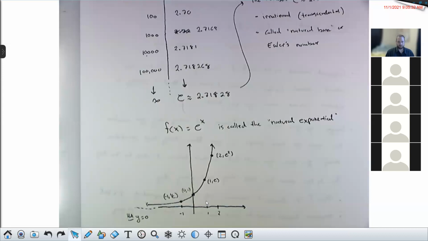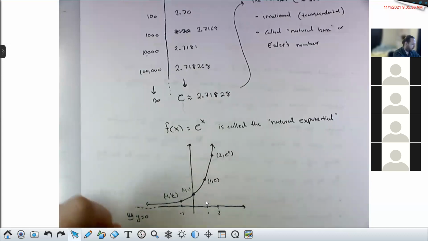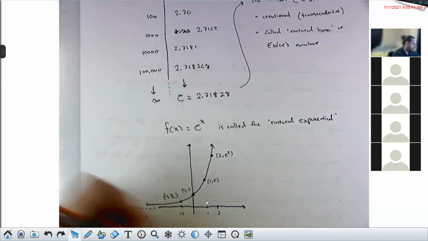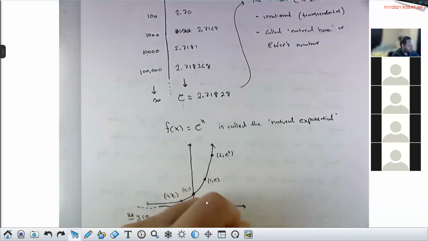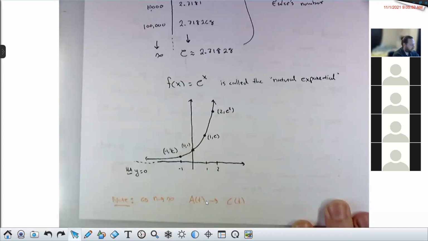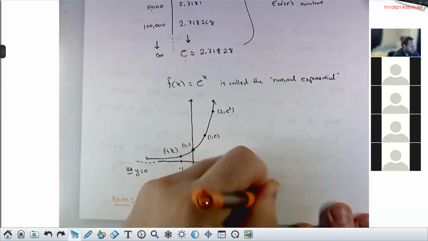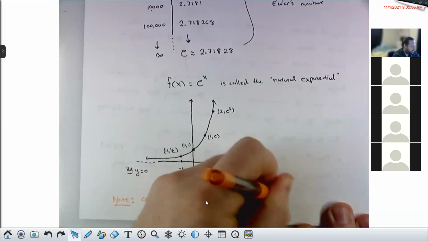Okay. What does this do to our interest formula? Just a little side note. As n goes to infinity, A of t goes to this new formula. I think in college algebra, we call it C of t, C for continuous compounding. It's the principal times e to the rt.